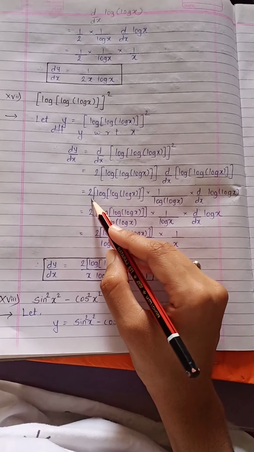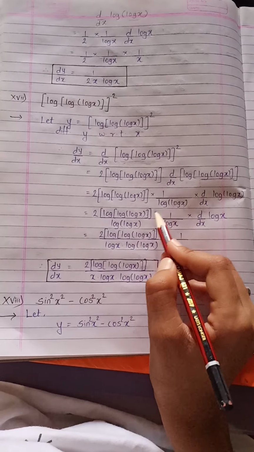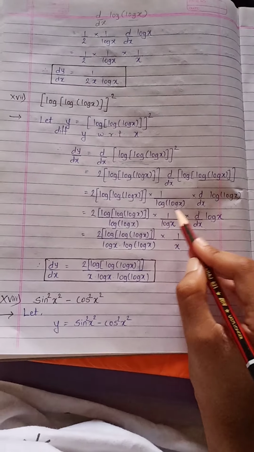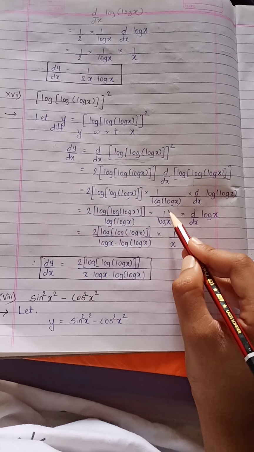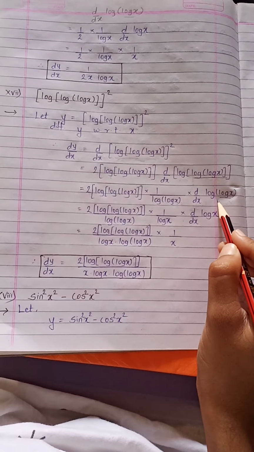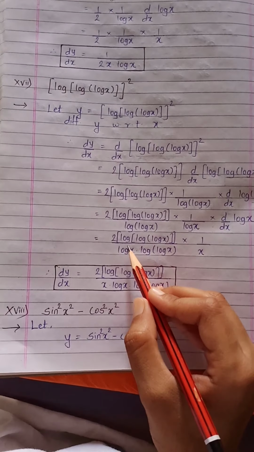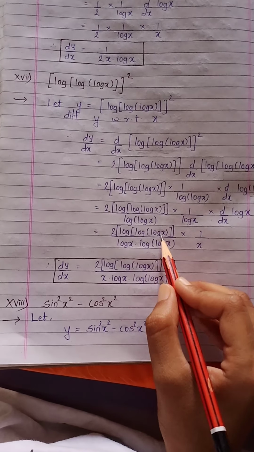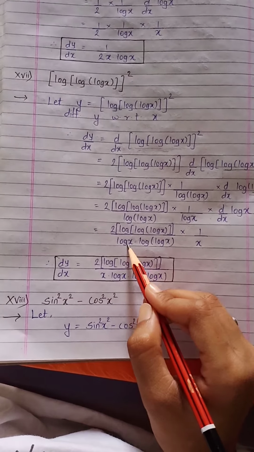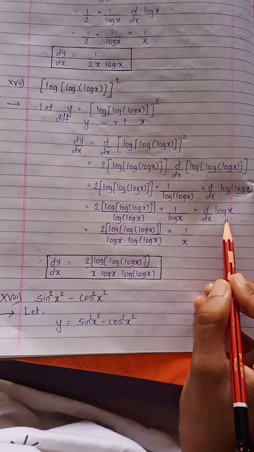Now here the step is 2 log of log x upon this log of log x into the derivative of this log, which is nothing but 1 upon log x, and in multiplication we will take the derivative of this inner part now. So the derivative of log x only. Now the next step will be 2 log of log x upon log x into this log of log x into the derivative of this, which is 1 upon x.